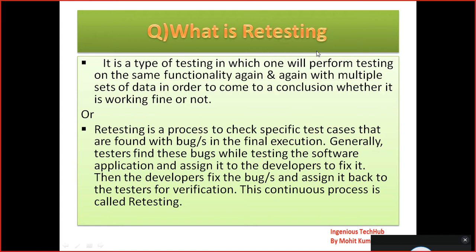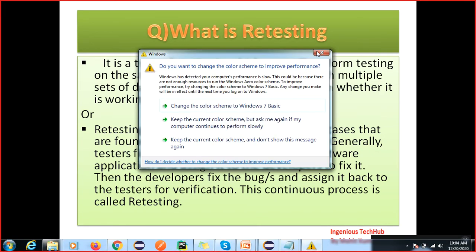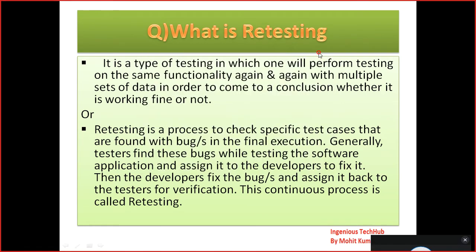That defect we have to log to the developer. Then the developer works on it and tries to fix that defect. Then the developer assigns it back to you to retest. That is called retesting.